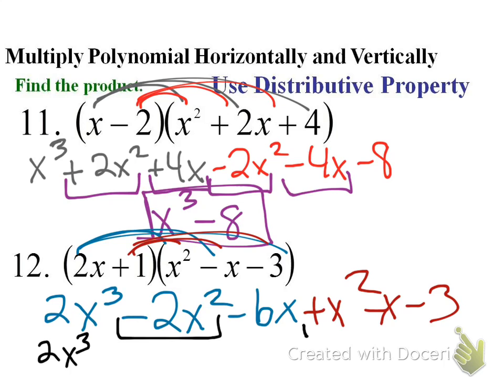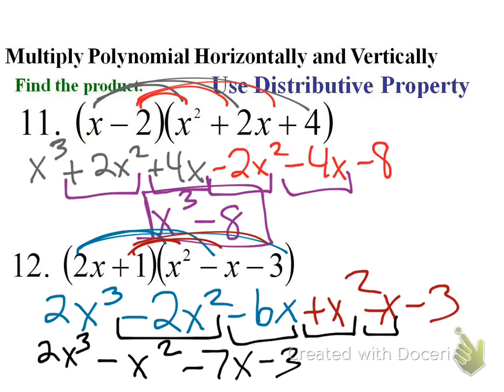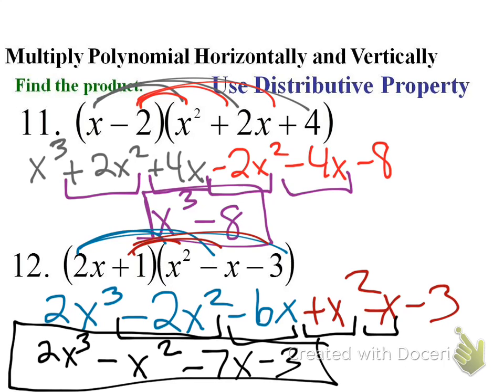I will have some x squareds, unlike the last one. I'll have just 1, and it will be negative. For your x's, you get minus 7x, and then a minus 3. Oops. Questions?